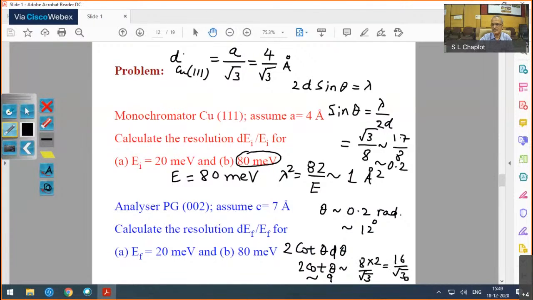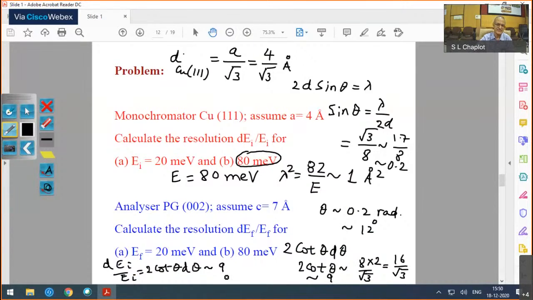It will be something like 9 or 10. So my dE_I upon E_I, which is 2 cot theta d theta, comes to about 9 into d theta.